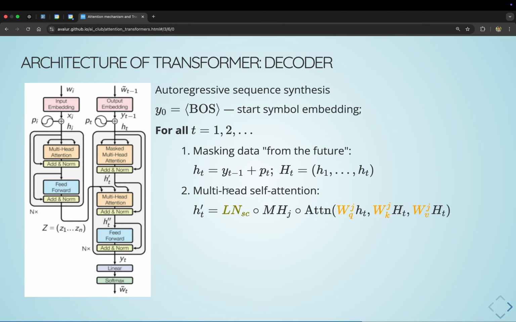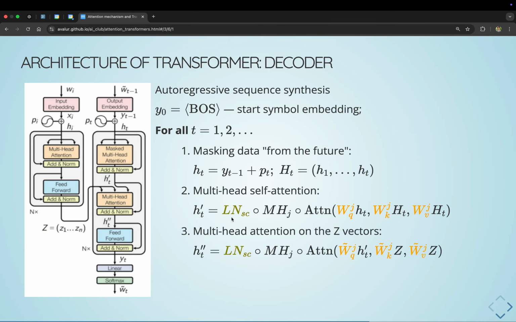When we perform multi-head self-attention, it is the same as in the encoder, but here we work on the level of output embeddings. This is output words, and this is output embeddings, again HT, and the result of self-attention in the decoder is again H prime T. So here is masked multi-head attention, skip connections, actually 2 times, and then layer normalization.